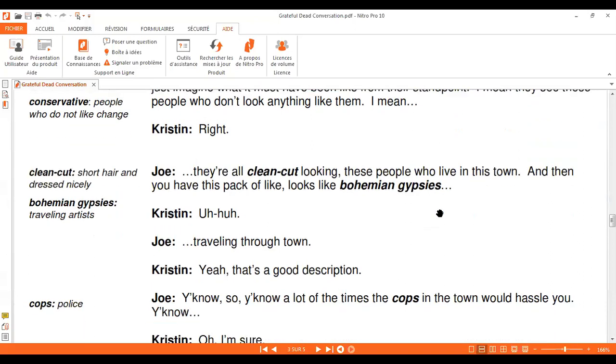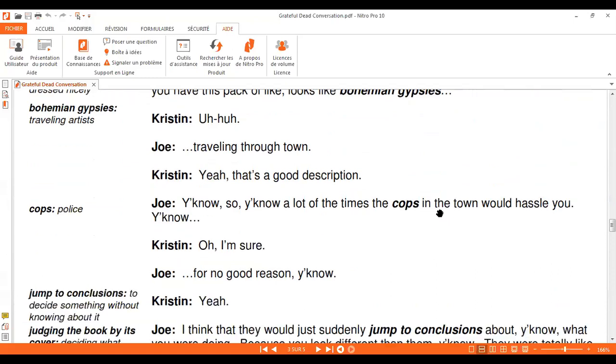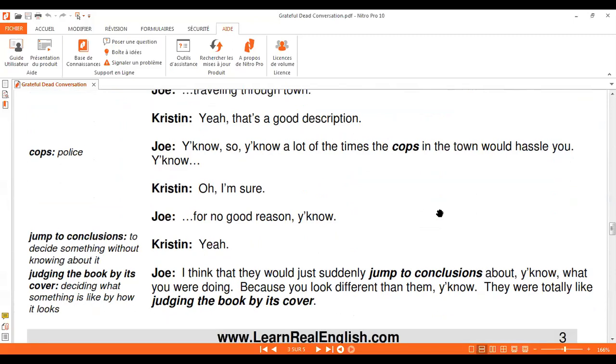They are all clean-cut looking, these people who live in this town, and then you have this bunch of Bohemian gypsies traveling through town. Yeah, that's a good description.